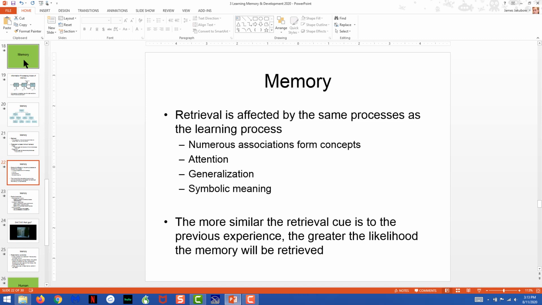The more likely that stimuli that are present at learning are also present at the time of retrieval, the more likely it is that you will remember it. But if you try to remember something in an environment that's extremely different from the material you're trying to remember, then you'll actually have more difficulty.